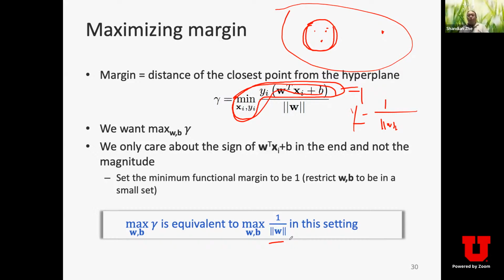But of course, there's no free lunch. That means you have to put an additional constraint on WB. You need to restrict your WB space to be a small subset whose minimum margin is 1.